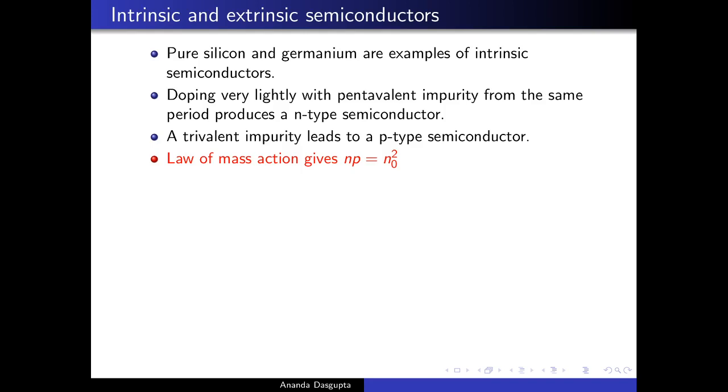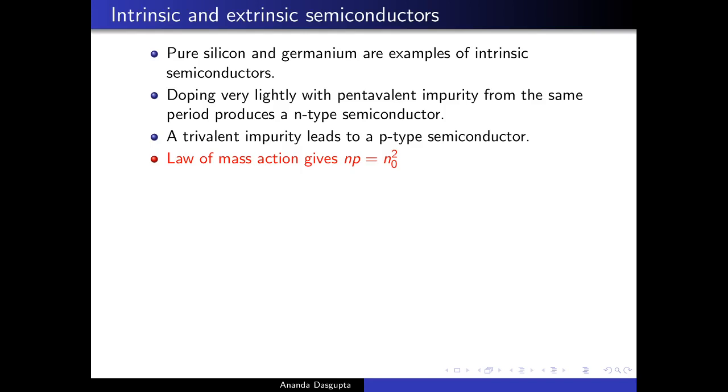And np equal to n0 square, you can call that Le Chatelier's principle, law of mass action, or simply chemical equilibrium. No matter which way you look at it, it essentially says that since electrons and holes can go in each direction, they can either bond together to destroy themselves or break up into electron hole pairs, the product has to stay fixed.